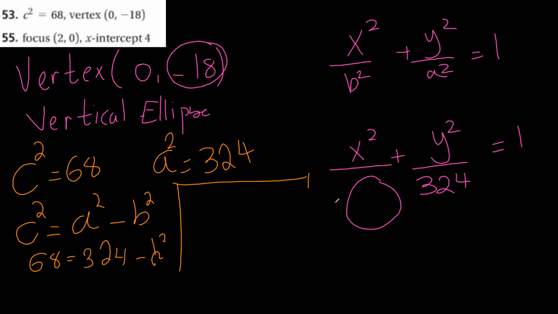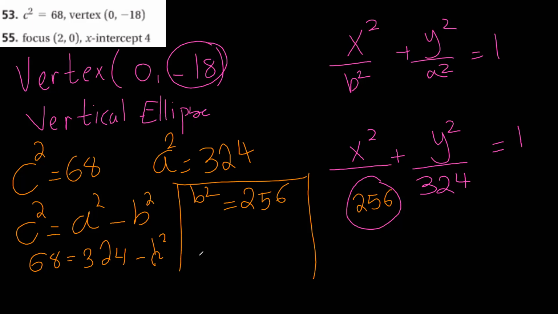So after subtraction, b squared will be 324 minus 68, which is 256. And I will write it here. So this is now the equation of number 53. Is it clear? Yes. Thank you, teacher.